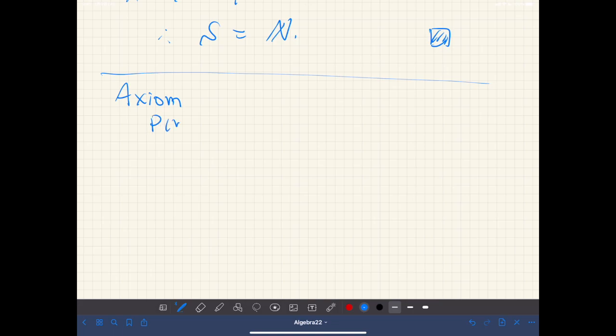Again, let P of n be a logical proposition depending on n, which is a natural number.